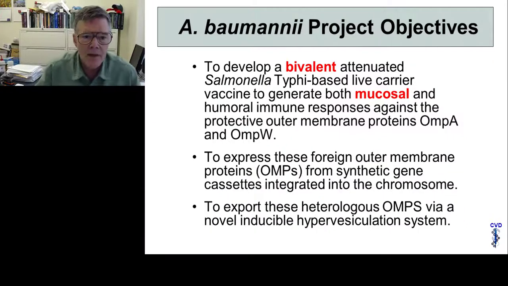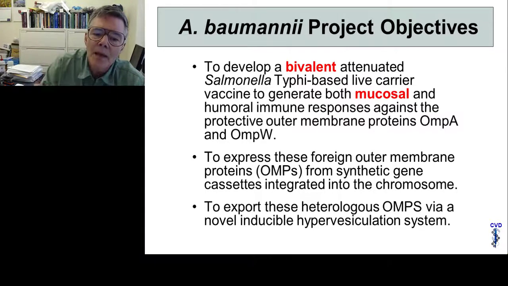So the project that we've developed at this point, and I'm in the process of coaxing NIH to believe that this is a fabulous project, is to develop a bivalent mucosal vaccine where we target outer membrane proteins OMP-A and OMP-W.